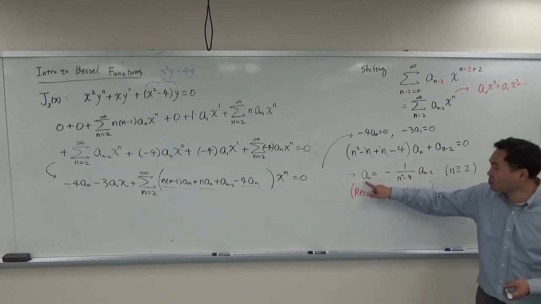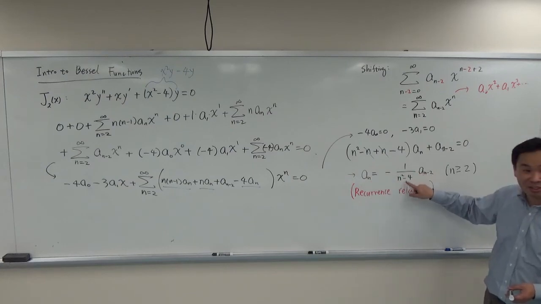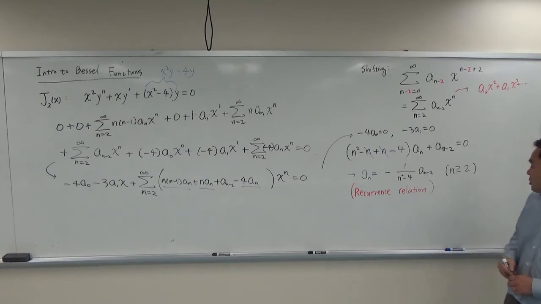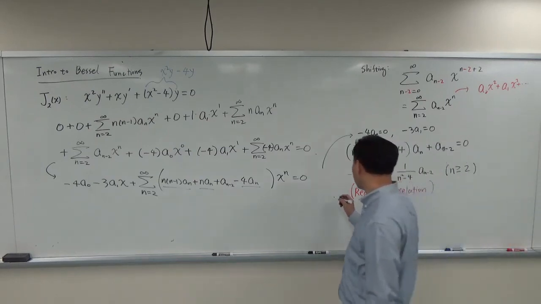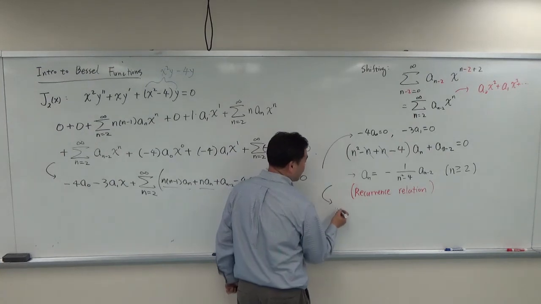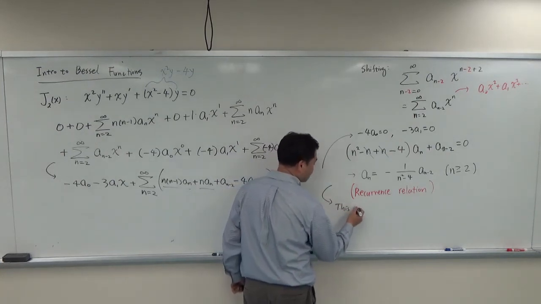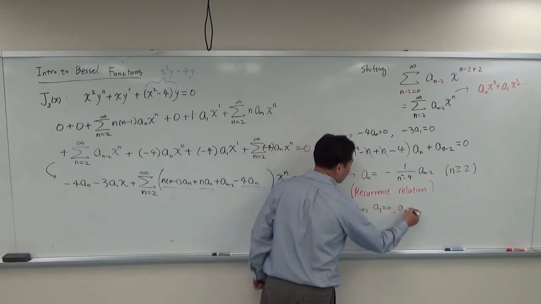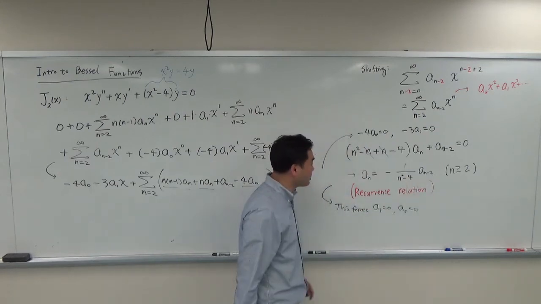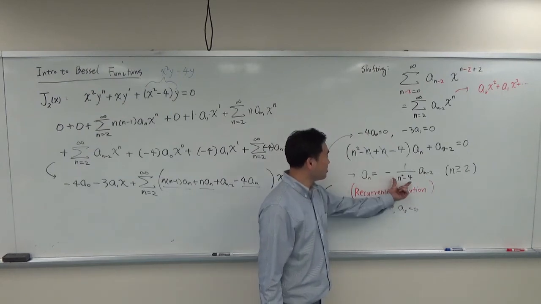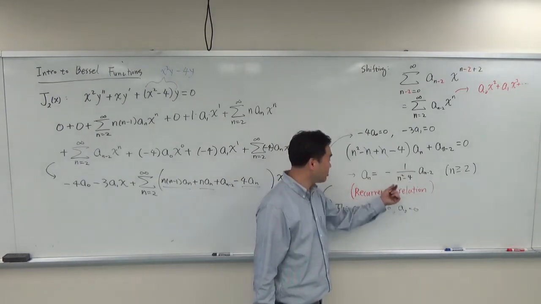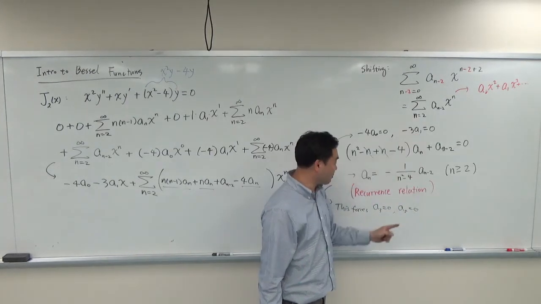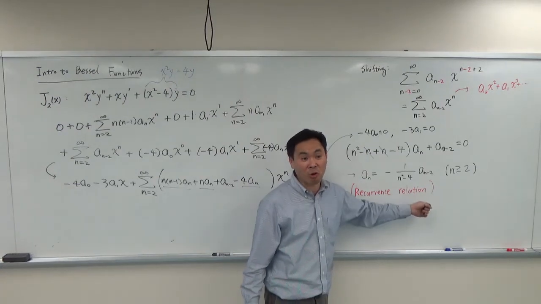When you have a2 equals something times a0, this is undefined, so it really doesn't tell you anything. The other cases are right. So this forces a3 to be 0, a5 to be 0. All the odd ones will be 0 because this is never 0 for the odd ones. When n is odd, this is never 0. So if a1 is 0, that forces a3 to be 0, a5 to be 0. All the odd ones will be 0.